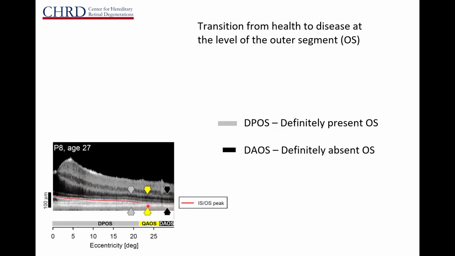And in between is this ambiguous transition zone where the inner segment, outer segment line, the red one, becomes more and more difficult to see, and it disappears. We call that region QAOS, or questionably absent outer segment, where things are ambiguous. We are very interested in this region of ambiguity and what happens to it over time.